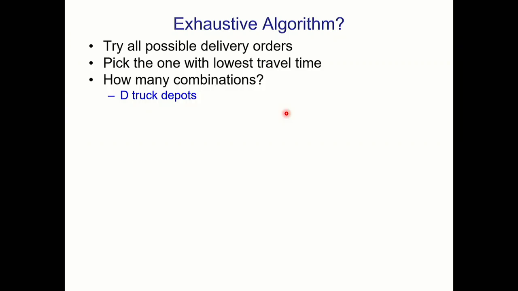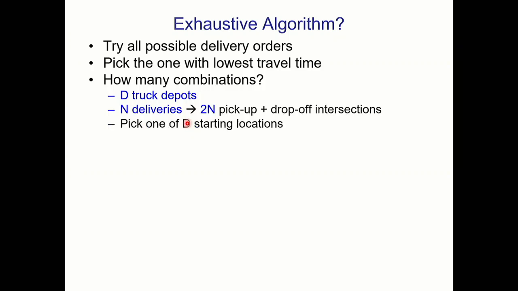Okay, so we are given D truck depots to start or end at, and we are given n deliveries. For n deliveries, we have two intersections for each delivery, one to pick up and one to drop off. So we have in total 2n intersections, and we are picking one of the D starting locations.